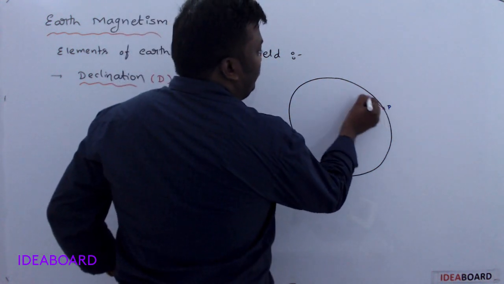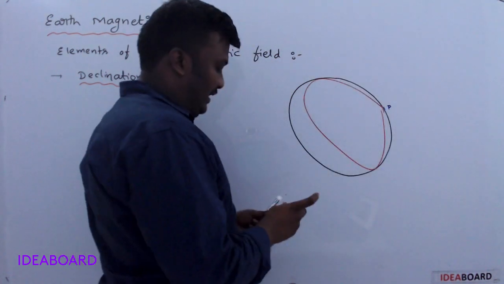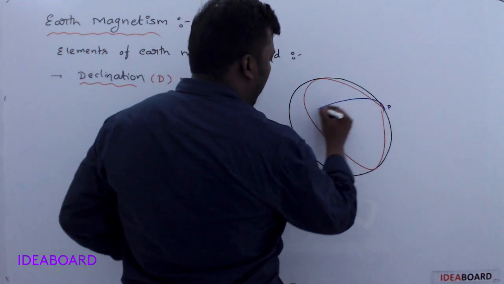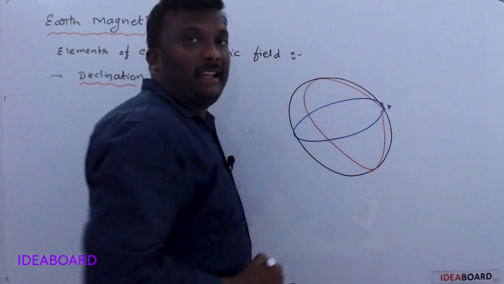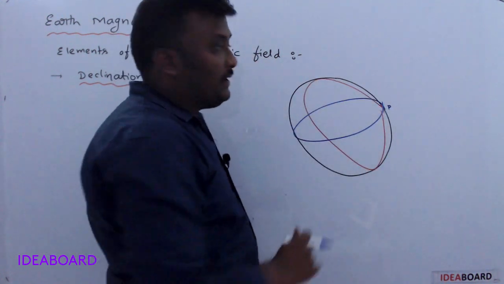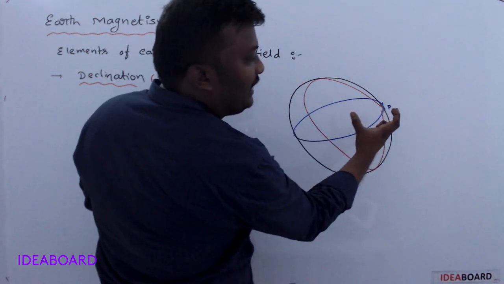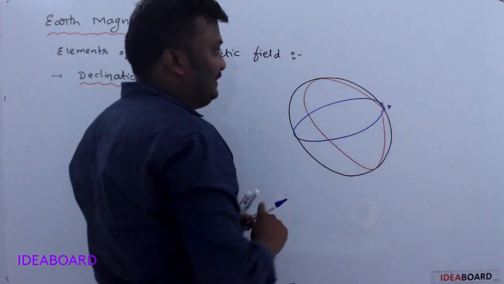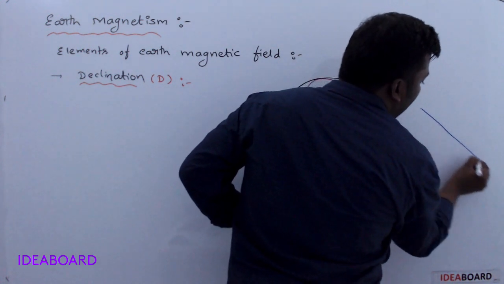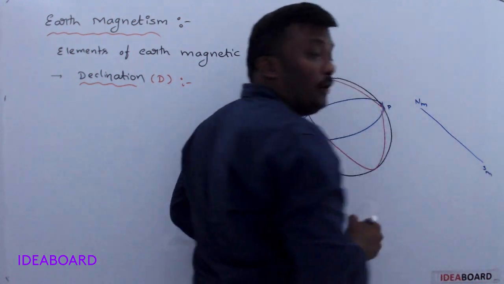This is the geographical meridian and this will be the magnetic meridian. Those two planes are passing through the point P. Now, if this point P is viewed from the top, then at P, this magnetic meridian consists of magnetic north and magnetic south.